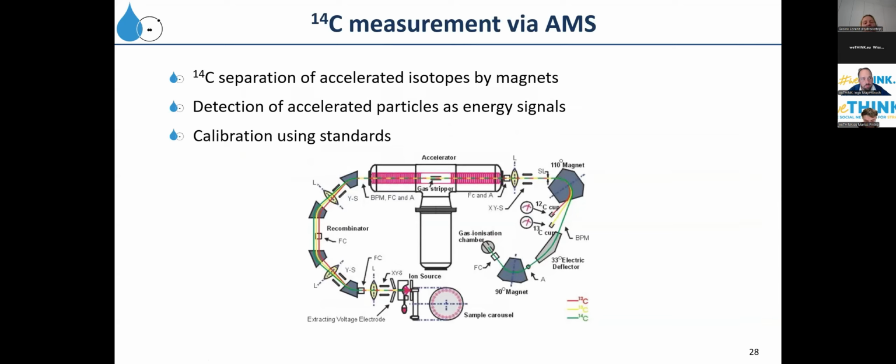Here, the carbon isotopes are accelerated and the carbon-14 is separated by magnets from carbon-12 and carbon-13, so that only the carbon-14 goes into the detector, and then the particles are detected just as energy signals. And of course, this process is also calibrated by using standards.